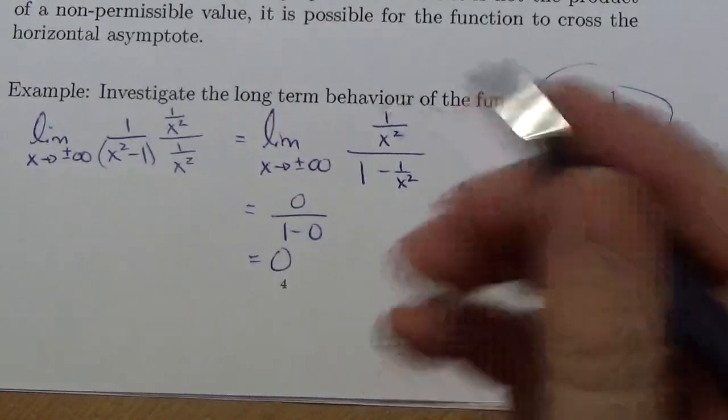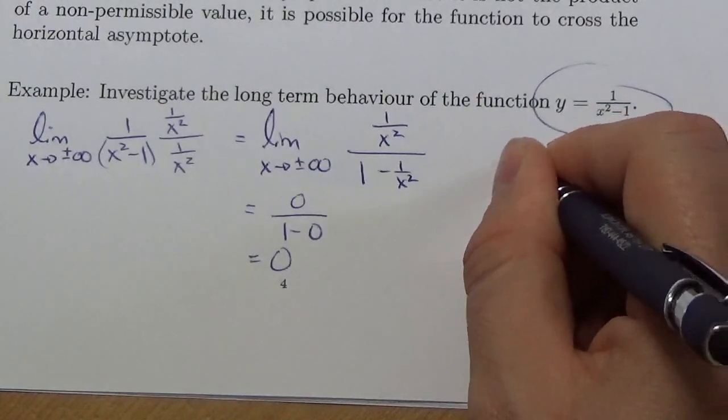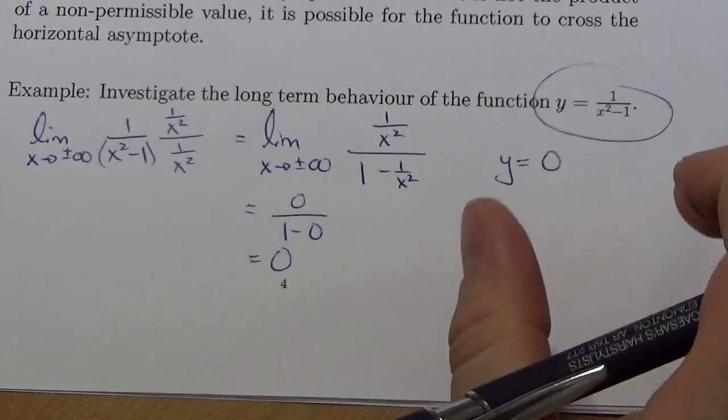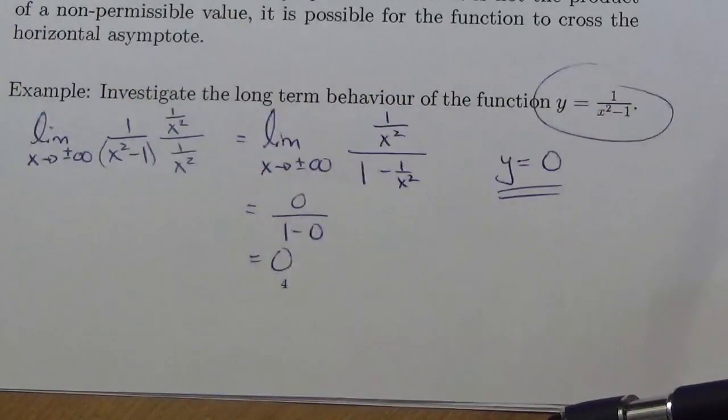Which means that my asymptote will be the line y equals 0. I hope that makes sense. That's the line that this is approaching as we go forward and backward, to the right and to the left on the Cartesian plane. Basically, the x-axis is becoming my horizontal asymptote.